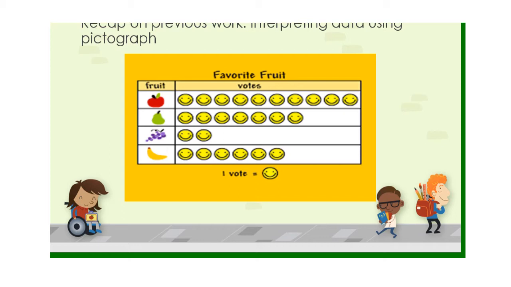So a pictograph is important because it helps us to record and collect information that we would like. It helps us to collect whatever information that we would like to collect. Okay, so it doesn't choose whatever information that you would like to use on a pictograph. You can use it.